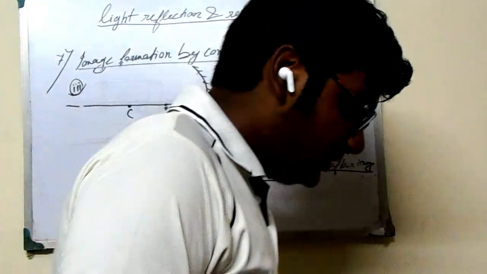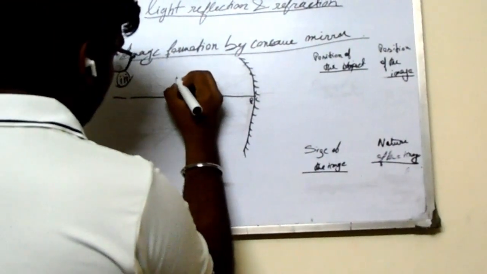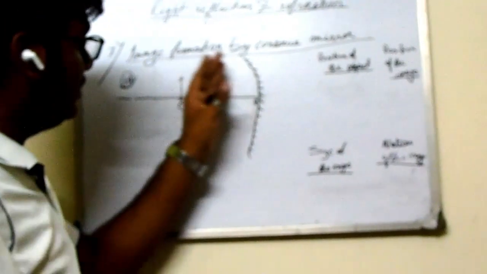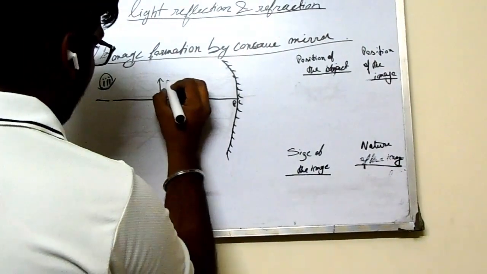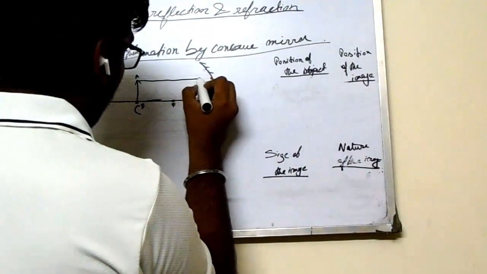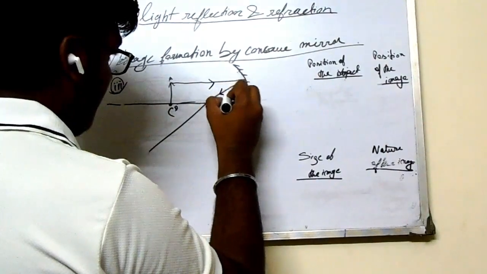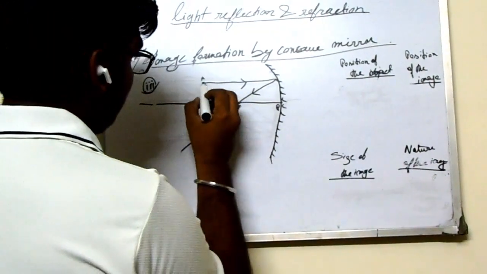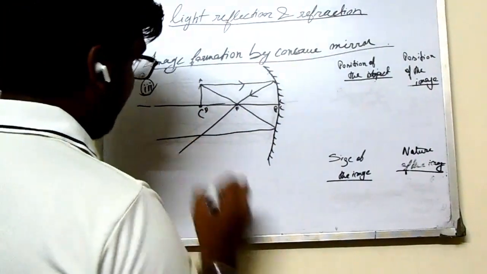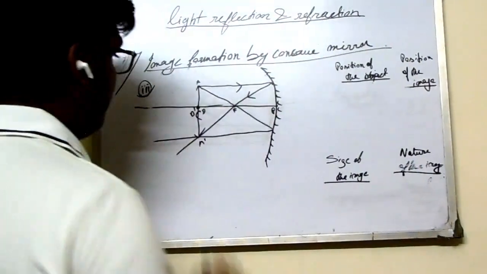So the third one is at C. Let the object be at C. The object is slightly going closer to the mirror. A, B, the second ray, A dash, B dash.